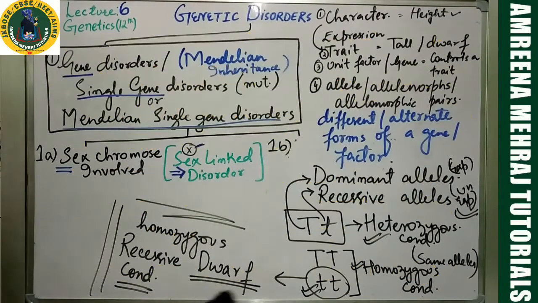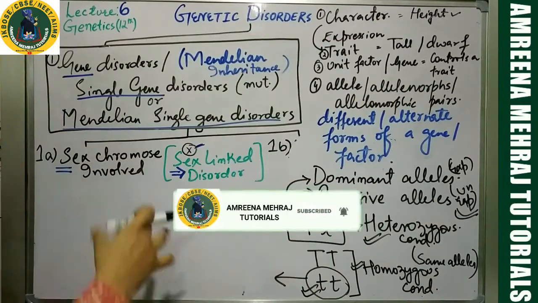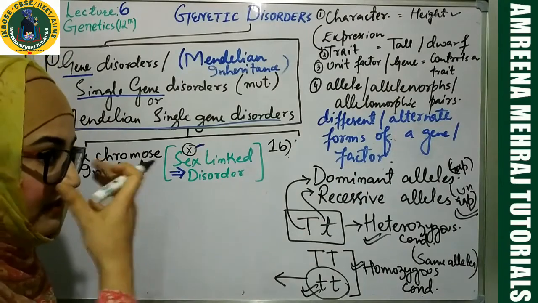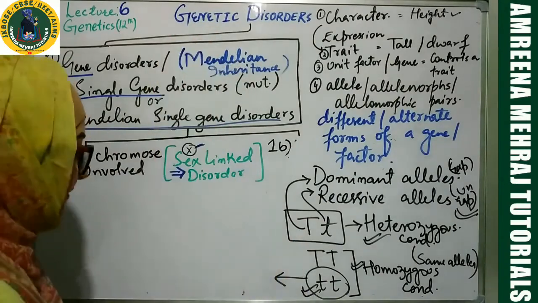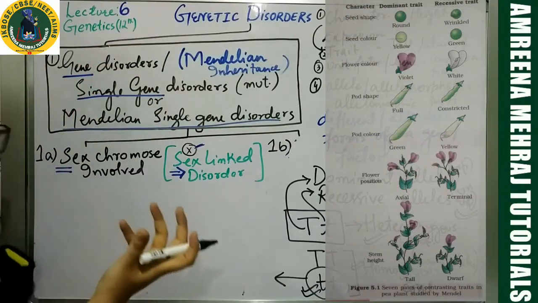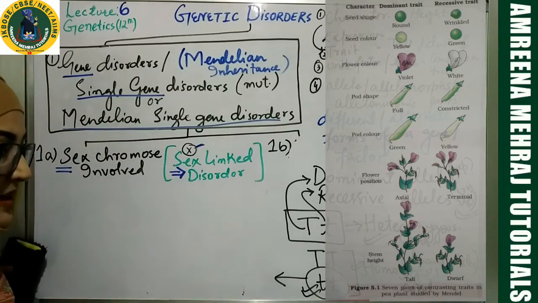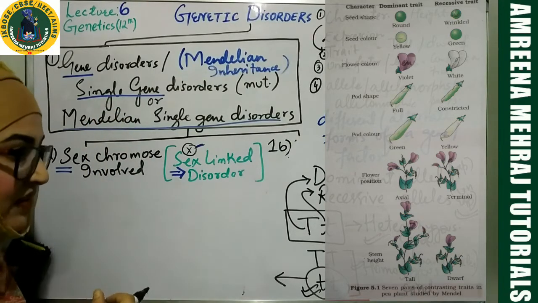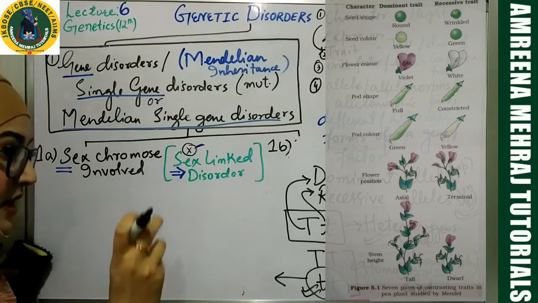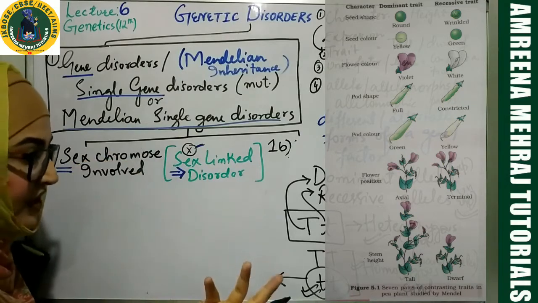Okay. So my dear students, there is another term which you have to understand over here. Whatever is the physical appearance of the plant, which we are able to see with our naked eyes, the external features like how tall the plant is, dwarf plant is, its seed, whether it's round or wrinkled, its pod shape, whether it is flattened or inflated, the position of the flower or the color of the flower, they are the external visible features.